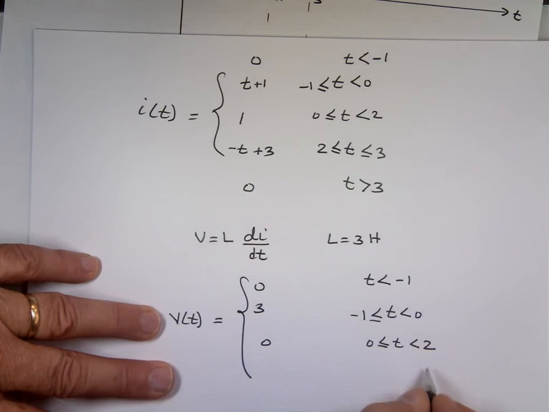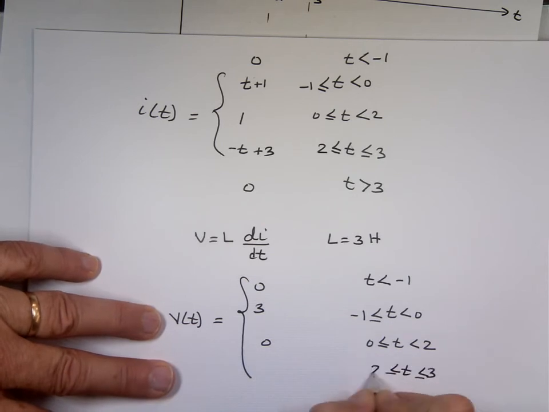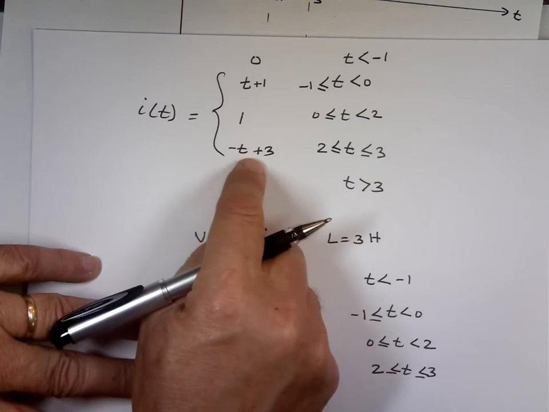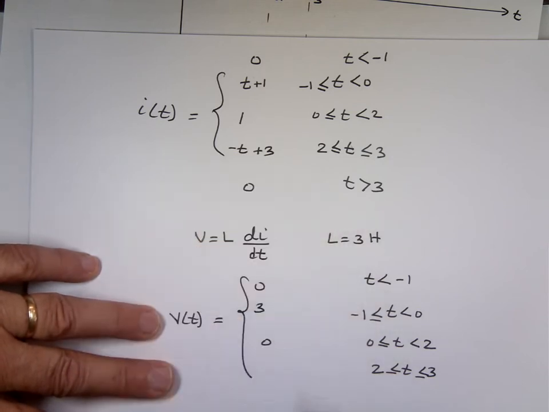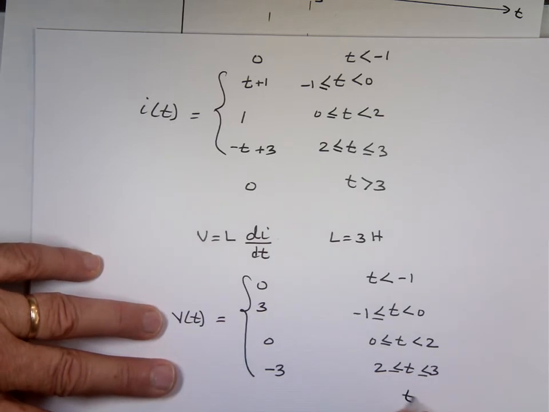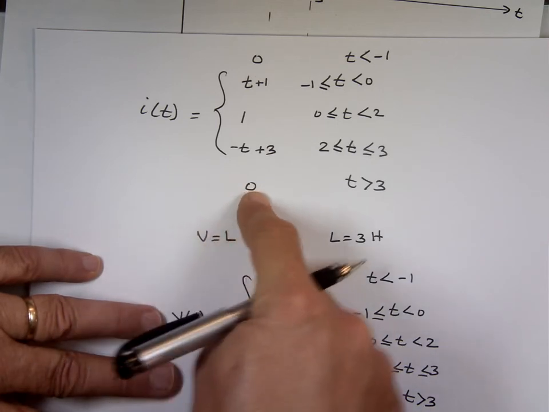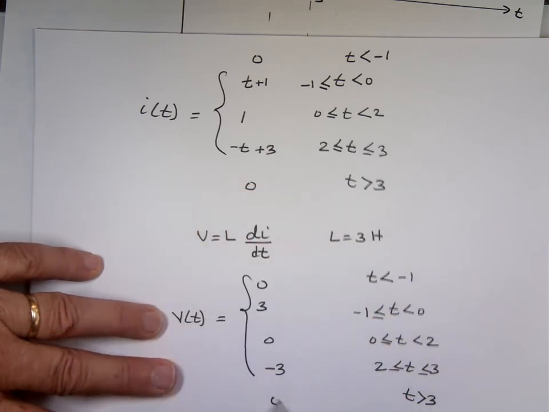For t between 2 and 3, what's the derivative of this? -1. -1 times 3? -3. For t greater than 3, what's the derivative of 0? 0 times 3, which is 0.